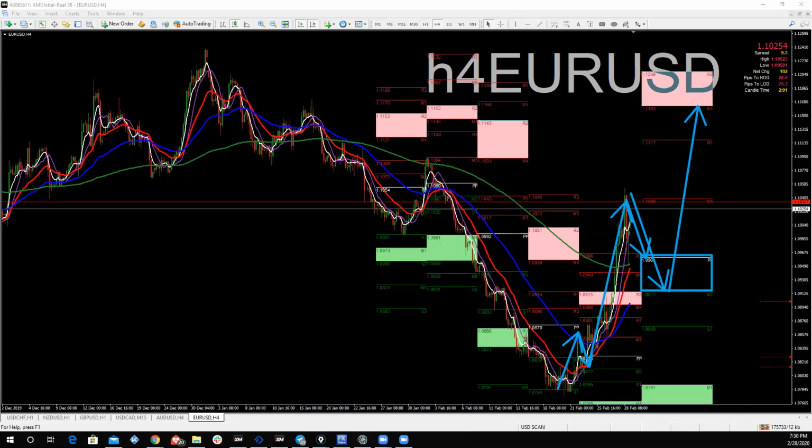But I'm going to share something, a key important thing with you also. As you can see, you need a break of this top right here, right? Automatically this area becomes resistance, right? And we need to get price past this area here to this area.